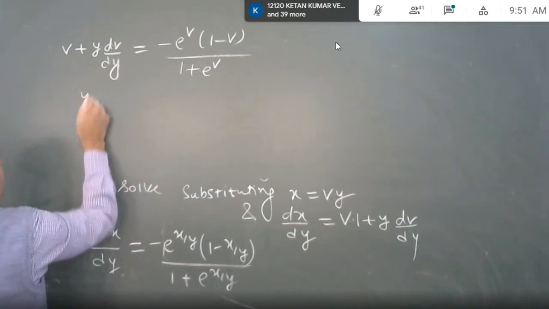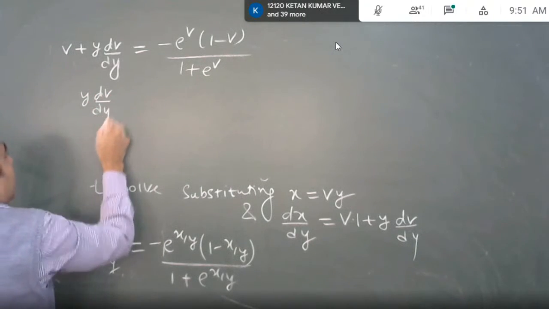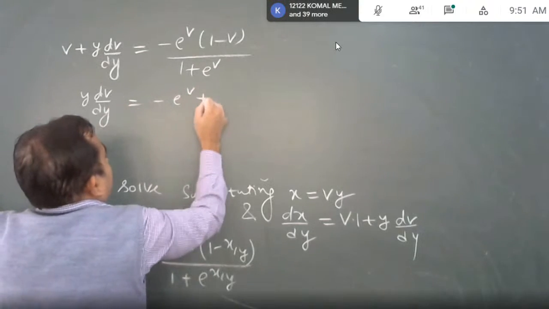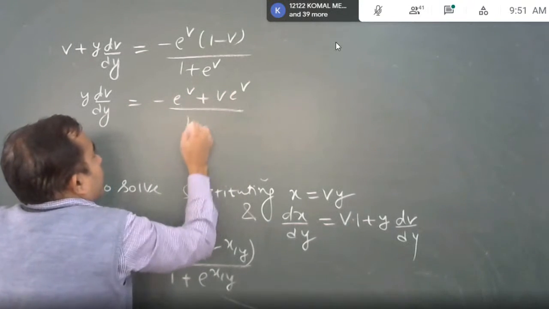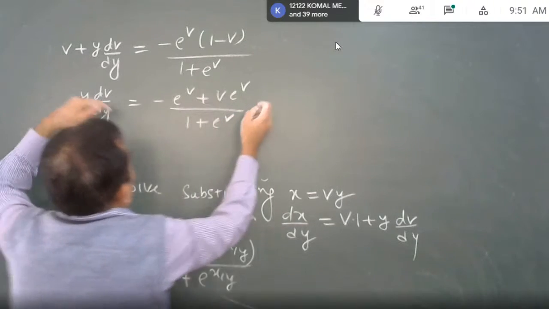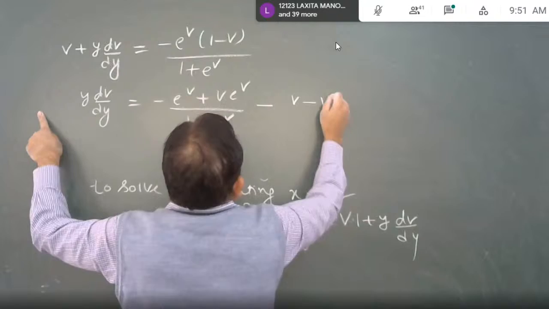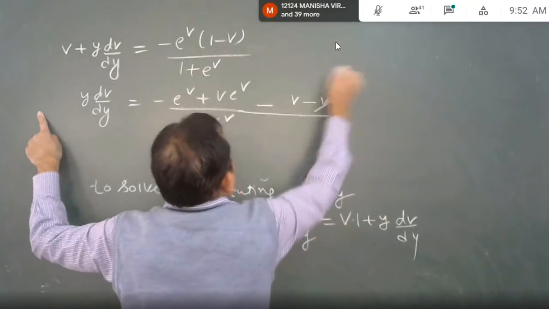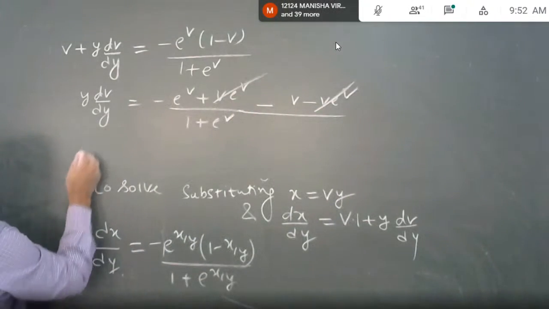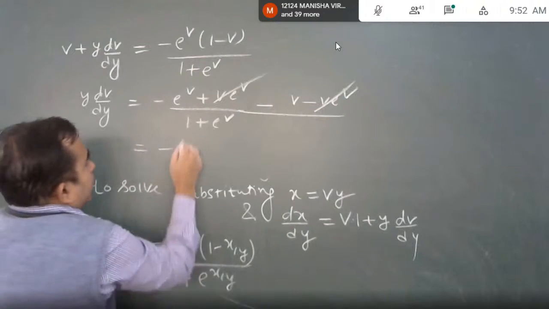So now separating the variables. Bringing on the left and taking LCM. This gets cancelled and separating the variables.